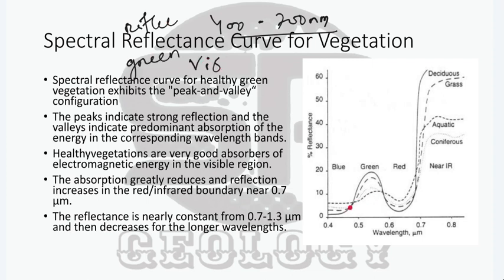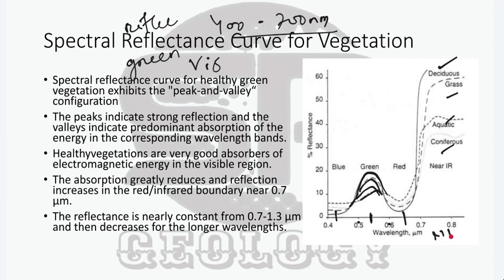So here you can see the reflectance at green color is high. This depends on different types of trees: deciduous trees, grass, aquatic plants, and coniferous. Here you can see 0.5 to 0.6 micrometer, so somehow here is the green band and blue band, red band.